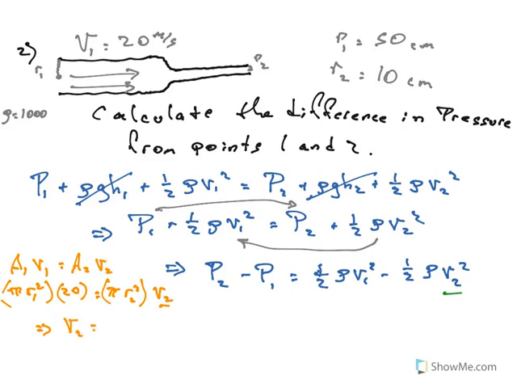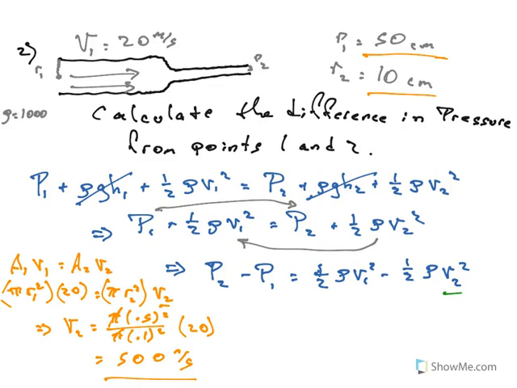So I get V2 is pi times R1, R1 is 50 centimeters, but I don't want centimeters, I need meters, so it's 0.5 squared, divided by pi times R2, and R2 is 10 centimeters, so that's 0.1 squared, times V1, which was 20. Notice here the pi's happen to cancel out, and if you calculate this out, you get 0.5 squared over 0.1 squared times 20 gives you 500 meters per second.